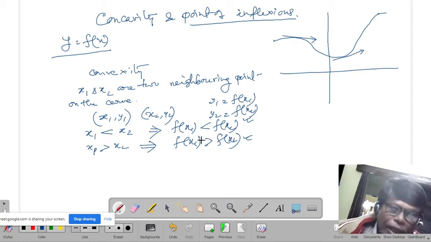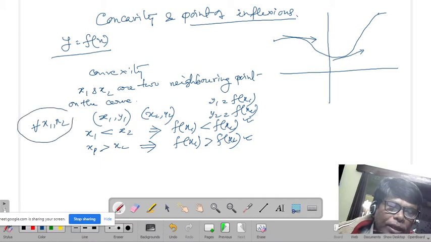Now there are two types of increasing functions. One is strictly increasing and another is simply increasing. In this case, if this happens for all x1 and x2, that means whenever you take any two points x1 and x2, it may not be neighboring points, it may be here or here, and the relationship holds, then this is called strictly increasing, and similarly strictly decreasing.